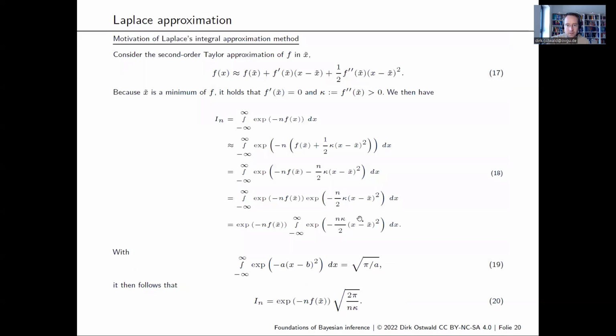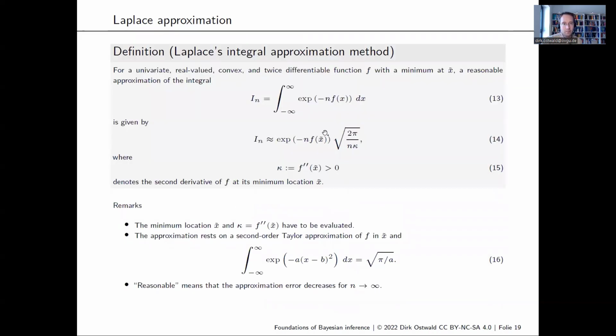This formula is essentially an application of the Laplace integral approximation method.